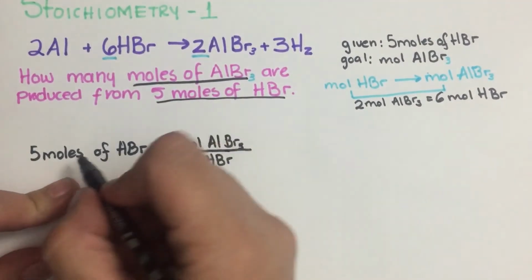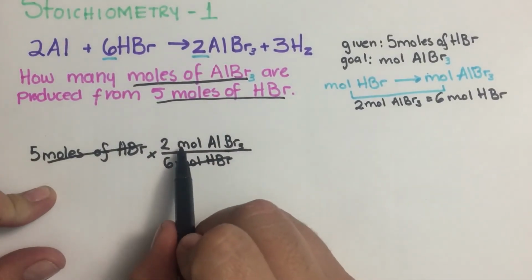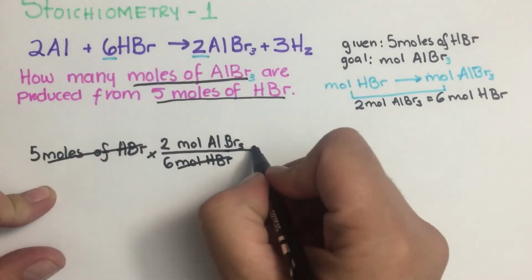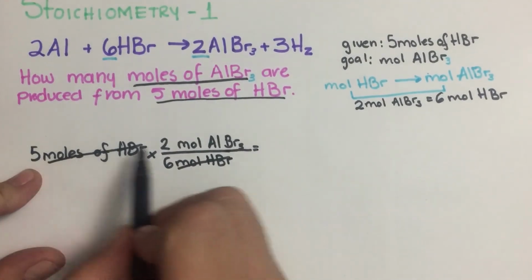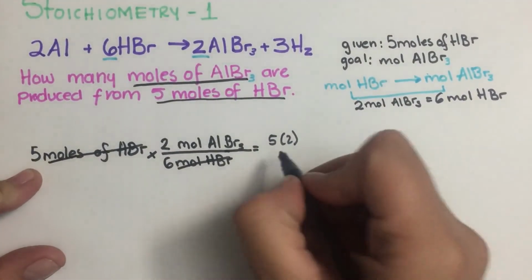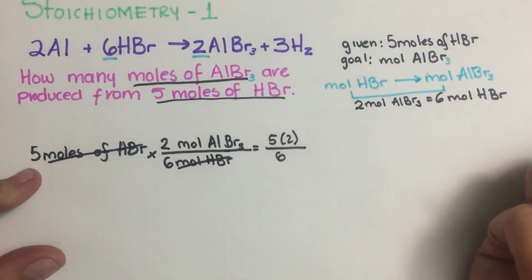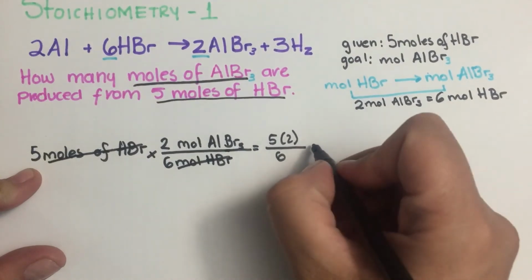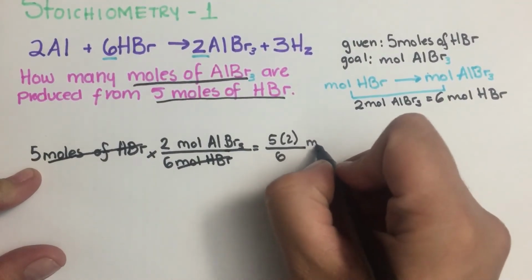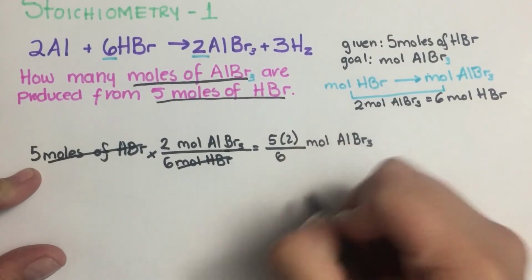That means that these moles are going to cancel out and you're going to end up with moles of aluminum bromide. What's left to do is to just multiply the numerators, multiply all your denominators, which in this case is just the 6, and your result is going to be in moles of aluminum bromide.